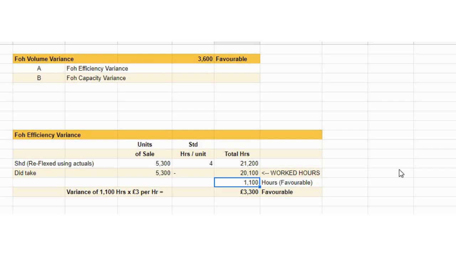The variance of 1,100 hours favourable at the absorption rate of £3 per hour gives a £3,300 favourable fixed overhead efficiency variance. Because the absorption basis is labour hours, the fixed overhead efficiency variance will be due to the same causes as the labour efficiency variance, meaning that the workforce worked faster to produce the number of units.